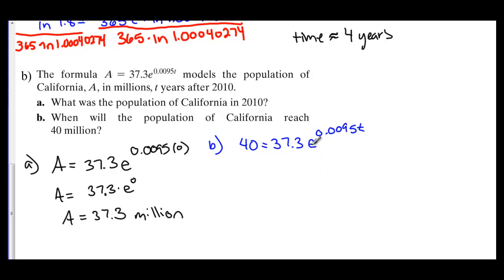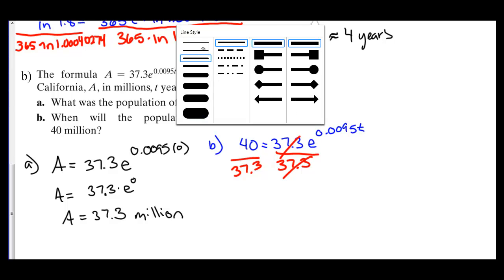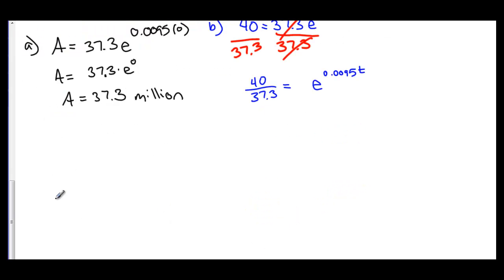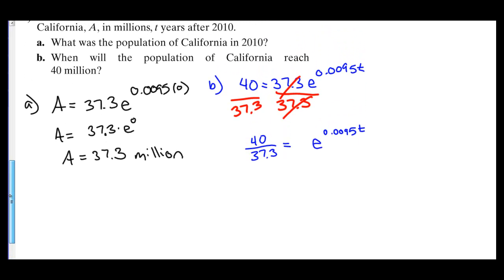Again, we want to get a base to the power by itself on one side, so we're going to first divide by 37.3. So we've got 40 over 37.3 equals e to the 0.0095 t.